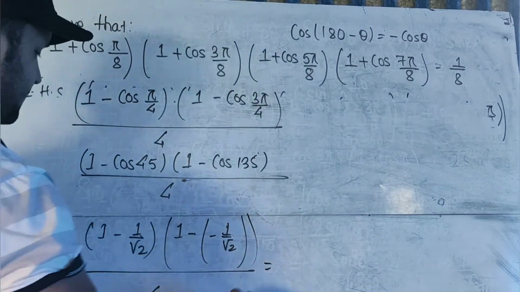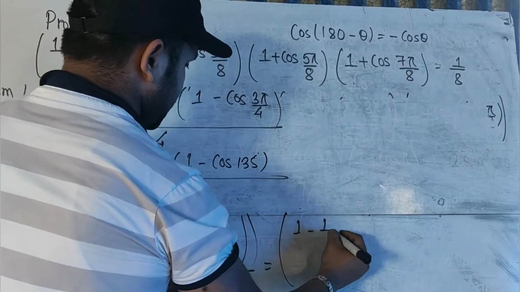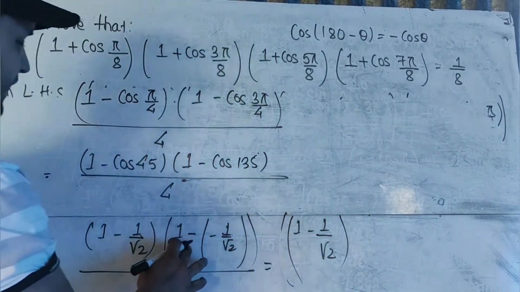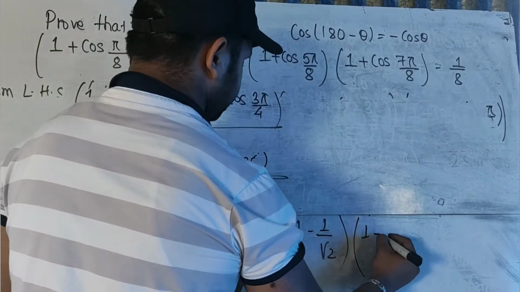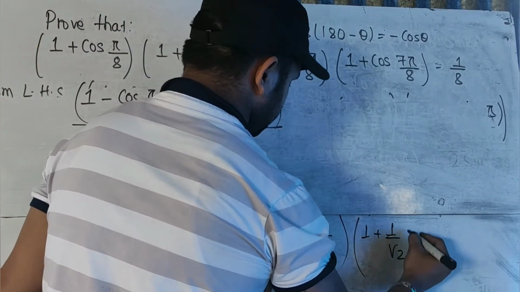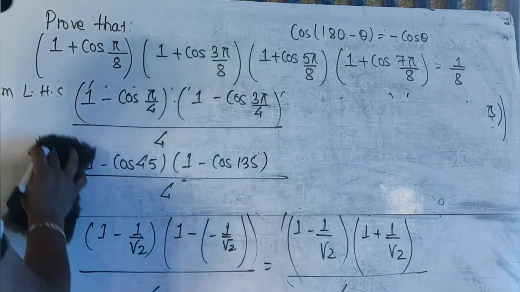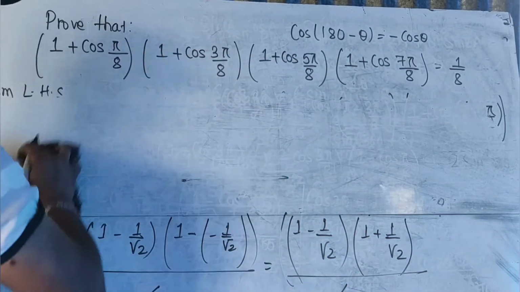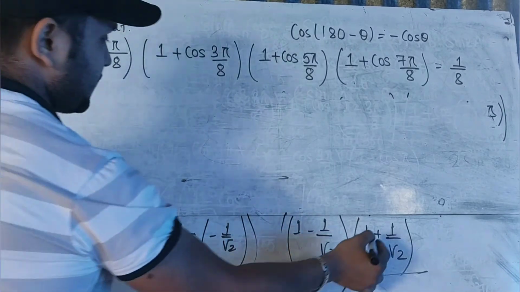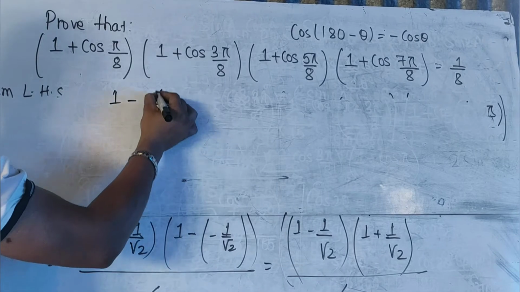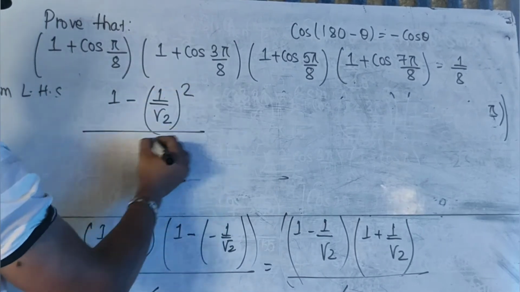These things should be known by the students themselves. You can simply use a calculator for this. Okay, now minus into minus gives you plus, divided by 4. Now this can be compared with (a plus b)(a minus b). So when you compare 1 minus 1 by root 2 into 1 plus 1 by root 2, you have 1 minus 1 by root 2 whole square divided by 4.